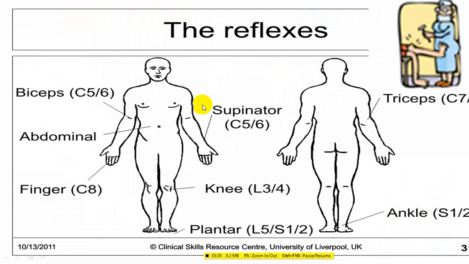Now, the root values of the reflexes: biceps is C5-6, supinator is C5-6, while triceps is C7-8, while knee is L2-3-4, and ankle is L5-S1, or you can say ankle is S1-S2. So these are the 5 reflexes we elicit in deep tendon reflex in the upper limb and lower limb.